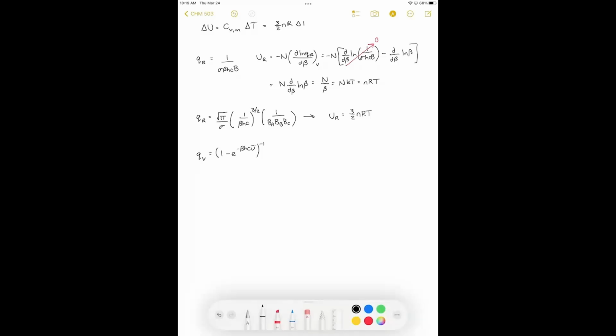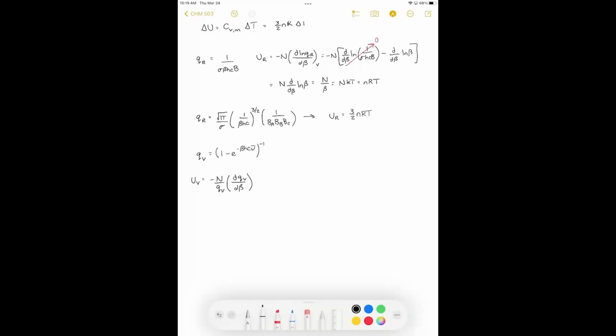In this case, to get the total energy for vibration, it's actually easier to take the derivative of this, not the derivative of the natural log of this. So we'll say that U sub V is equal to -n over Q sub V times the derivative of Q sub V with respect to beta.